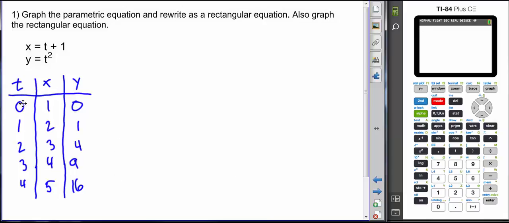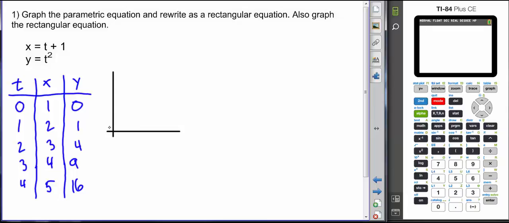Now, realistically, when we graph, we aren't really looking at the t values when we want to sketch our graph. We're looking at x and y. So I'm going to create some little axes here that we can use, and I know that my x values go basically from 1 to 5.